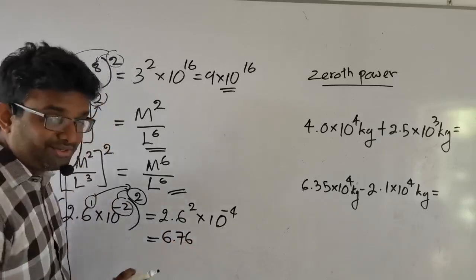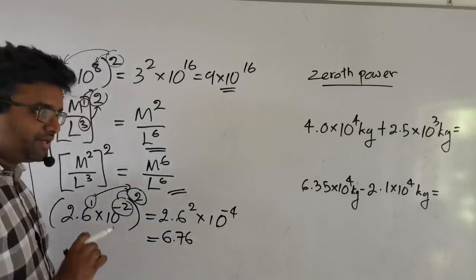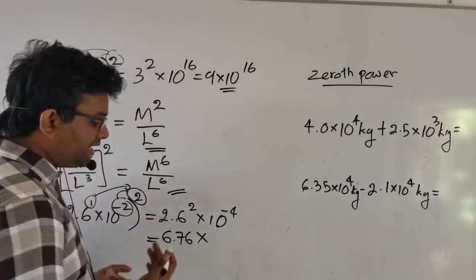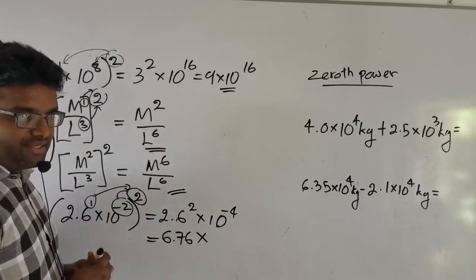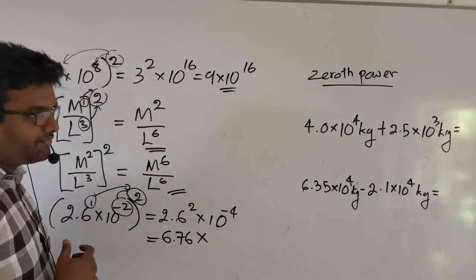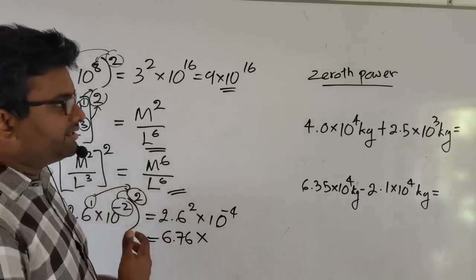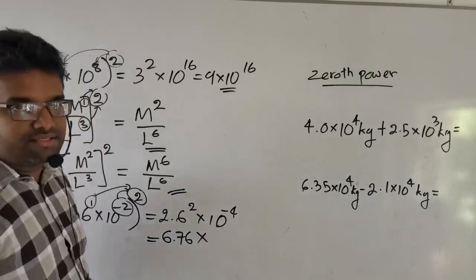So that value is 6.76. You can't use calculators, right? You need to do it by hand, because you are not allowed to use calculators in A-levels, keep that in mind. That's why we again and again discuss this type of calculations, right?